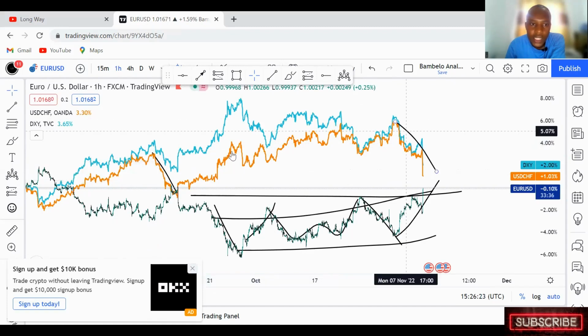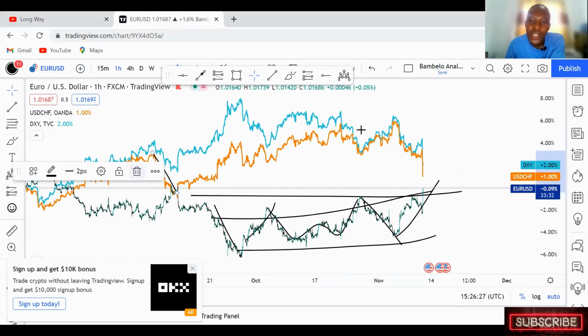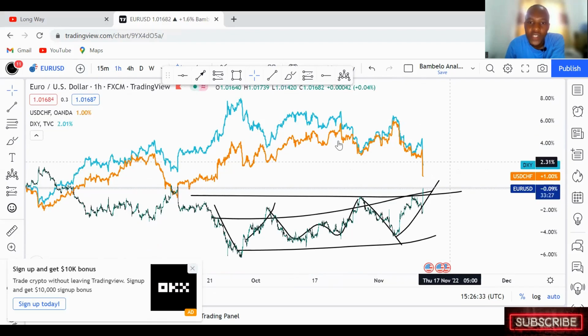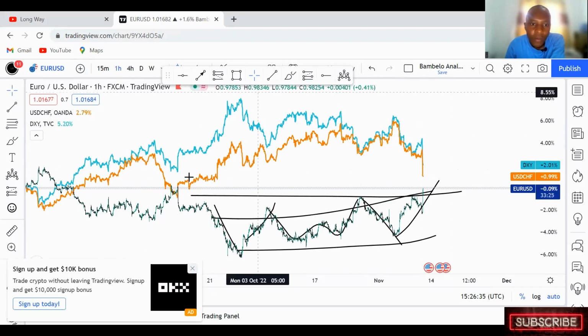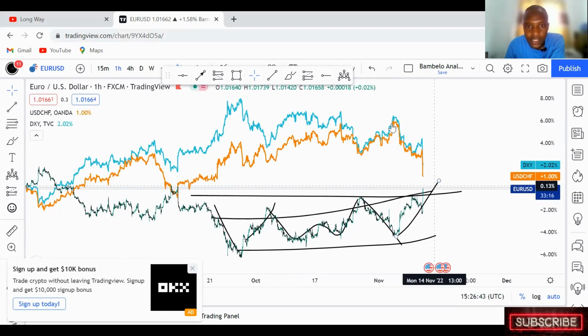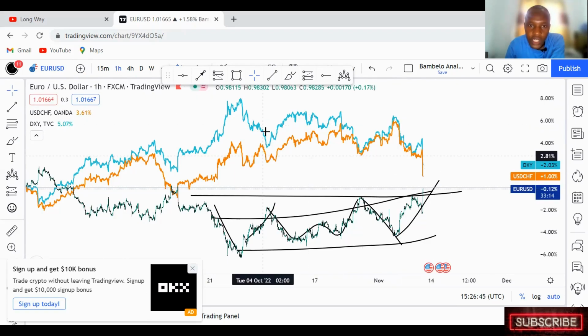As you can see, it's more or less the same thing, guys. So hence I'm saying that sometimes when you analyze the DXY, it's not necessary for you to analyze USD Swiss francs and vice versa. Because look at this, guys. Up, some type of consolidation, down, impulse move, correction, breakout, retest, sell. That's USD Swiss francs, the orange one, and that's the DXY.